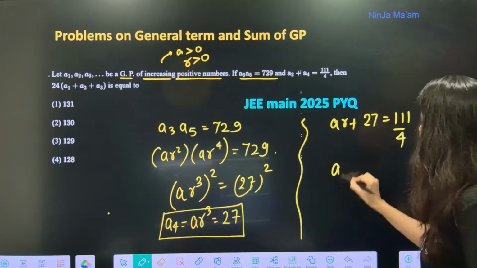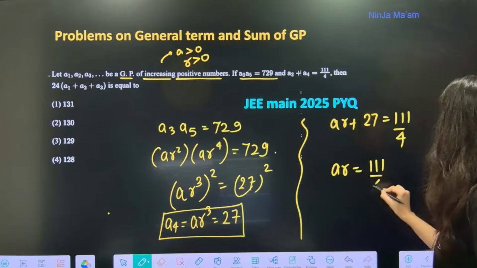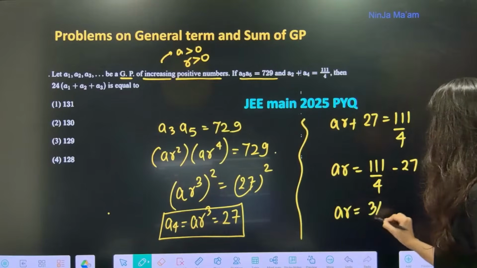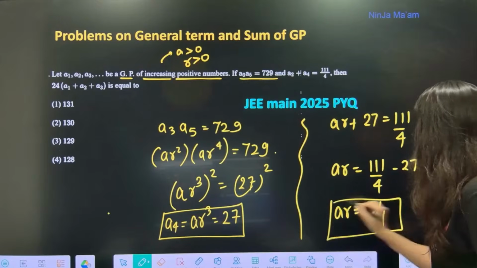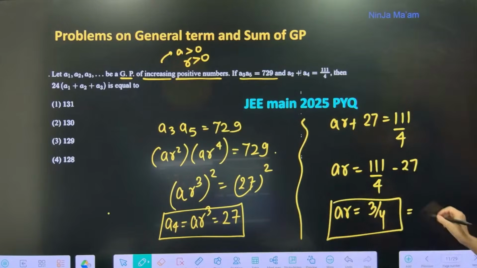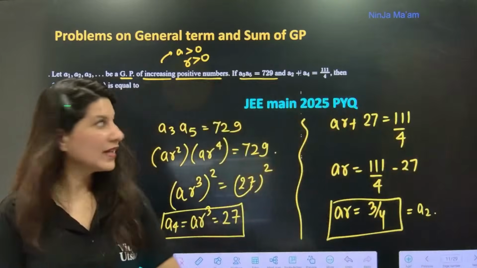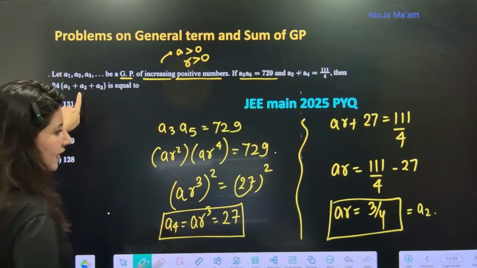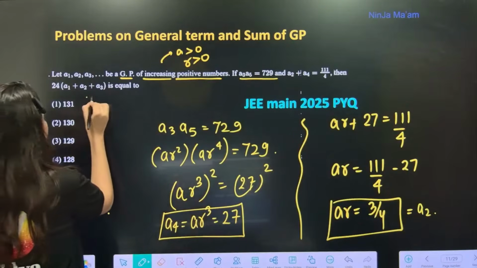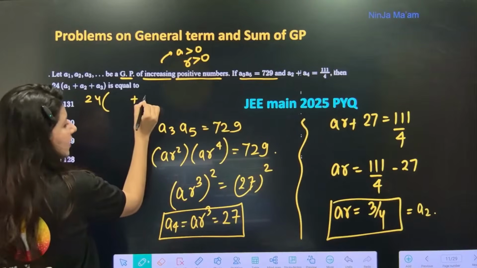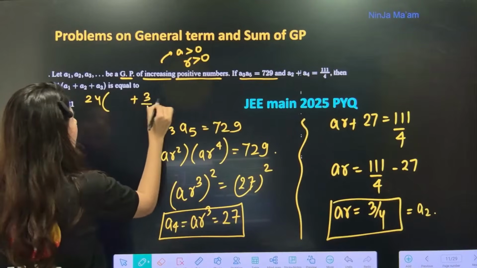So can you see AR is equals to 111 by 4 minus 27. So AR from here will be just 3 by 4. By the way, AR is also A2. So you have got A2 also. So A2 is sorted. A2 is what? 3 by 4. So A1, I will write it over here. This is 3 by 4 plus A3.